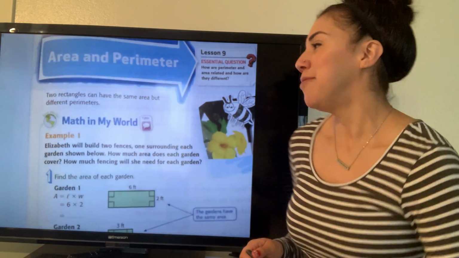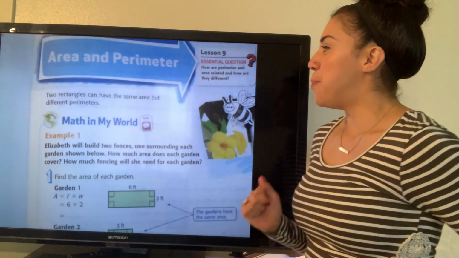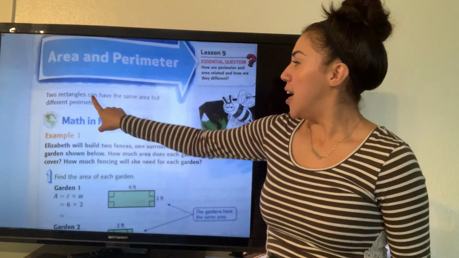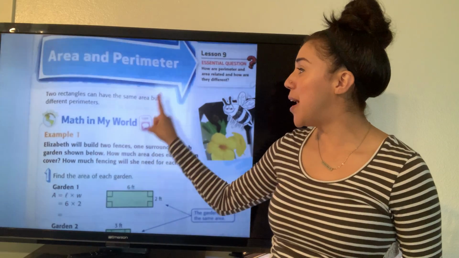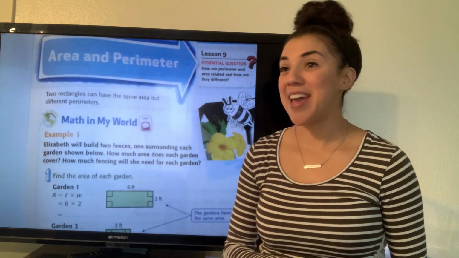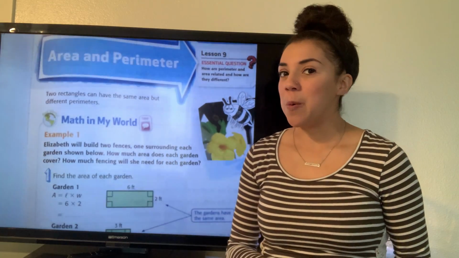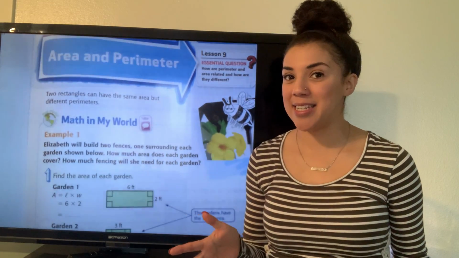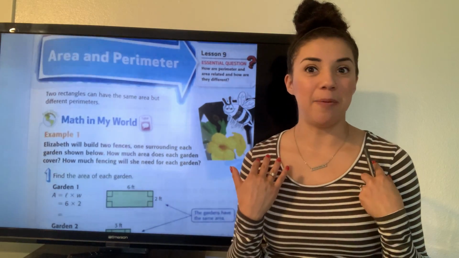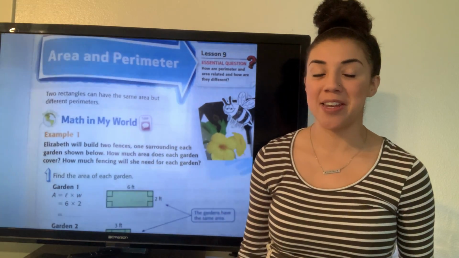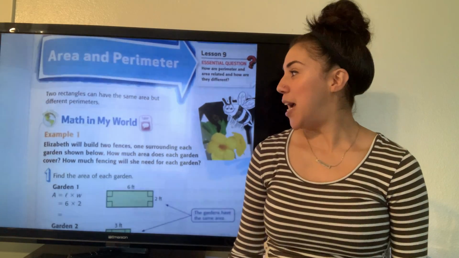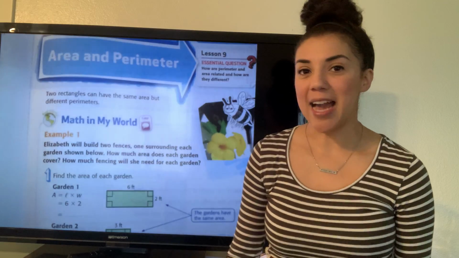Two rectangles can have the same area but different perimeters. That makes sense, and I'll explain more in just a minute, because we have already talked about multiplication and we know how multiplication works. You'll see that in just a second.